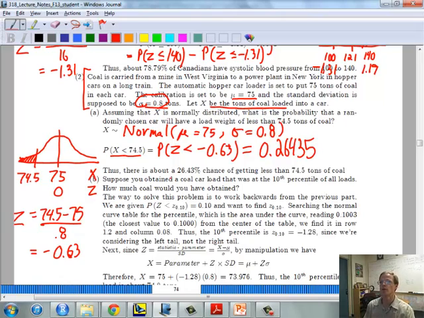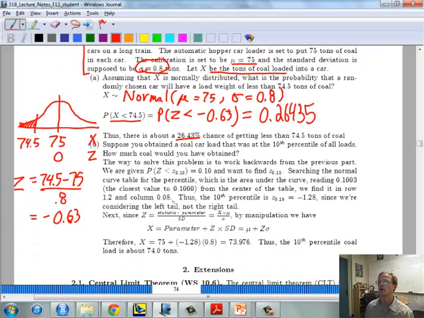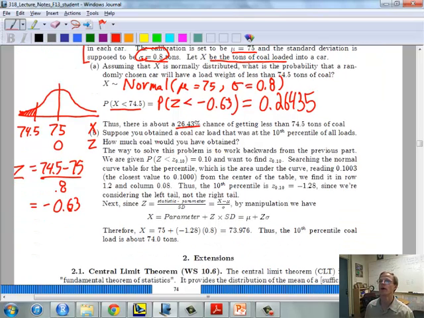Okay, so there's about a 26.43% chance that we would get shorted a half a ton of coal. So that's going to happen sometimes. Okay, now I have one more piece on this question and then we close.